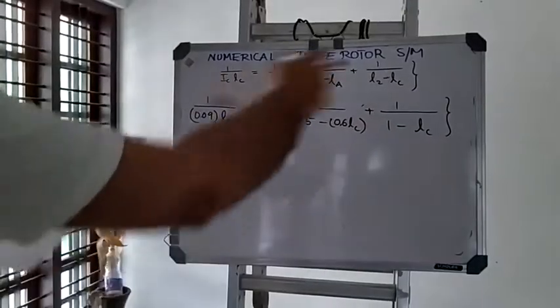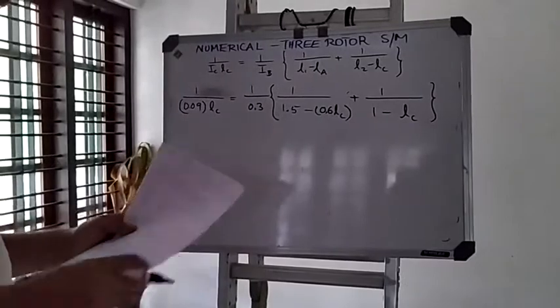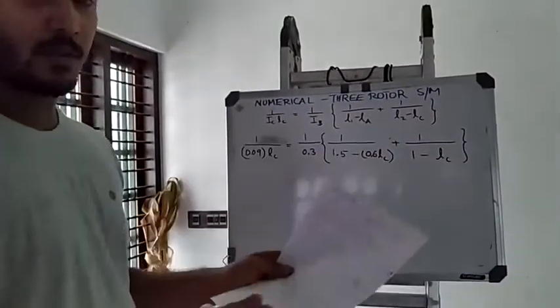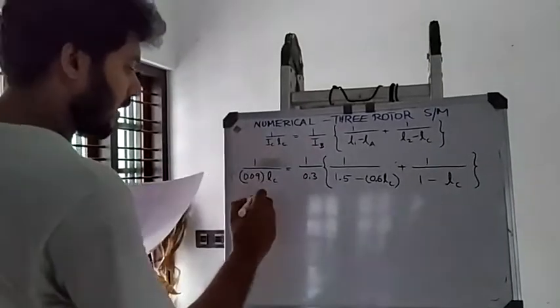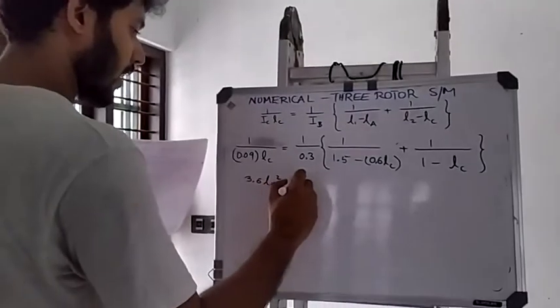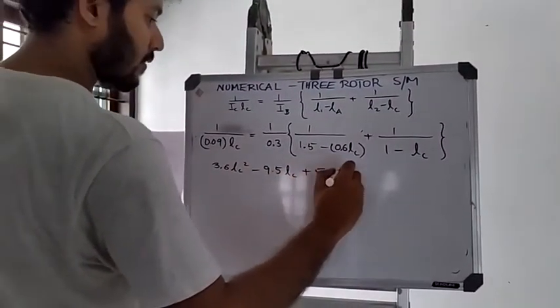Now when we expand, open the brackets and expand and solve in a series manner, which I have written in this document, which I will be providing you the PDFs of, finally we will arrive at an equation 3.6 LC square minus 9.5 LC plus 5 equal to 0.